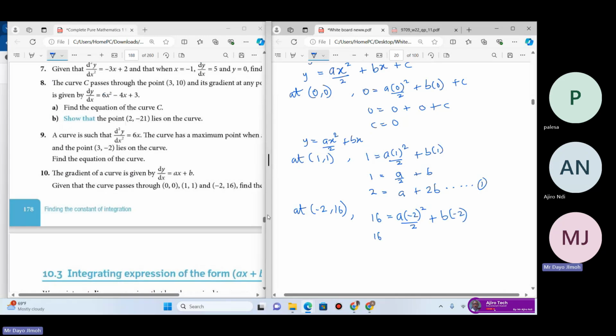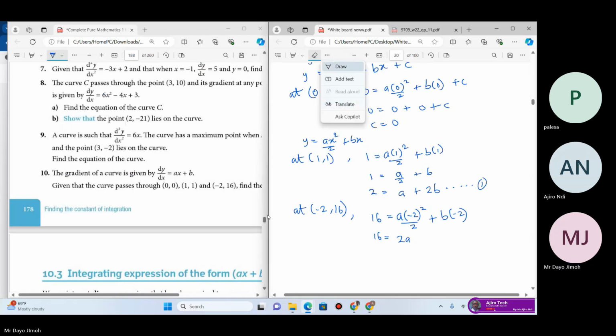So 16 equals a times minus 2 squared, which is 4 divided by 2, that's 2, so 2a, plus minus b. So b times minus 2 is minus b.